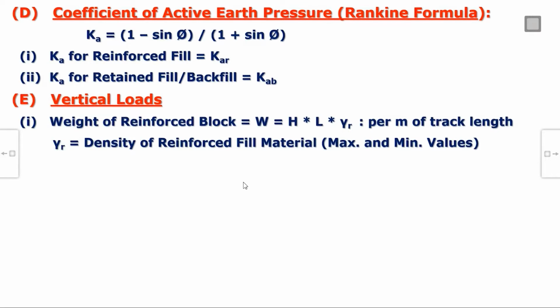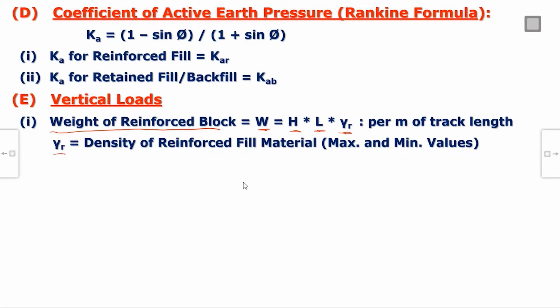Then let us calculate the vertical loads. First will be the weight of the reinforced block, which we denote by W. H is its height, L is its length, and gamma R is the density of the reinforced fill. This will give me the weight per meter length of track.